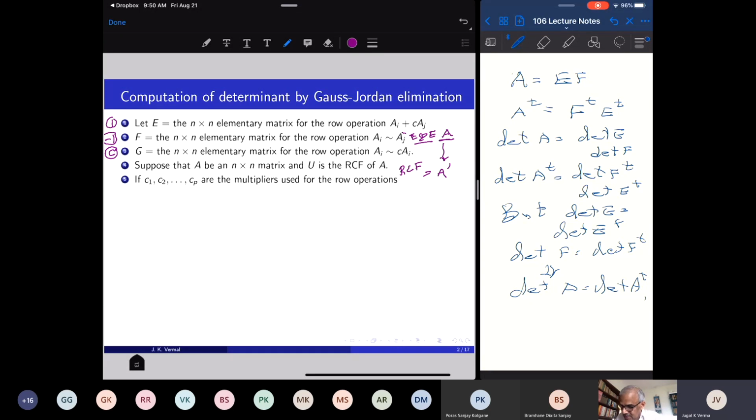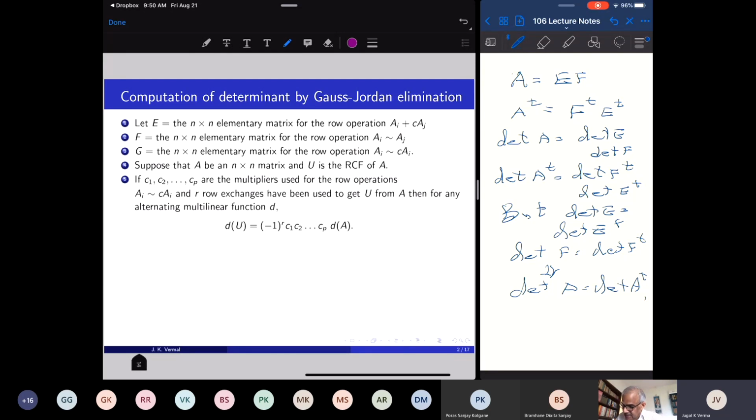These c's are the multipliers, since we are multiplying the ith row by c, and every row exchange multiplies the given determinant by minus 1. So suppose I keep track of the multipliers c1, c2, up to cp. They are the multipliers for the row operations, and the row exchanges have been used to get U from A.